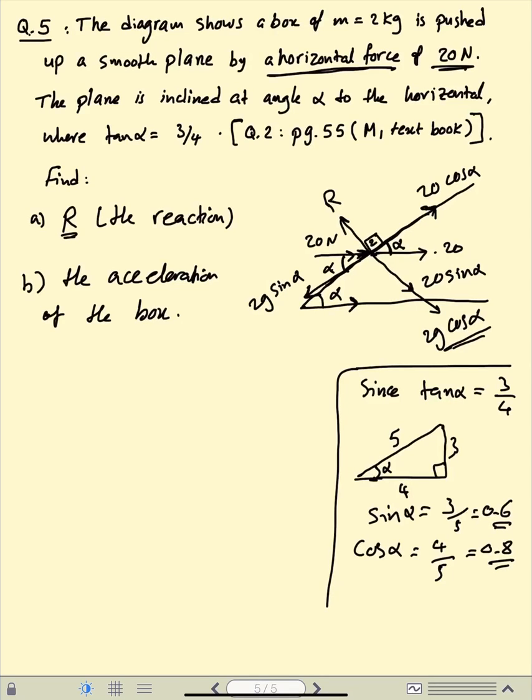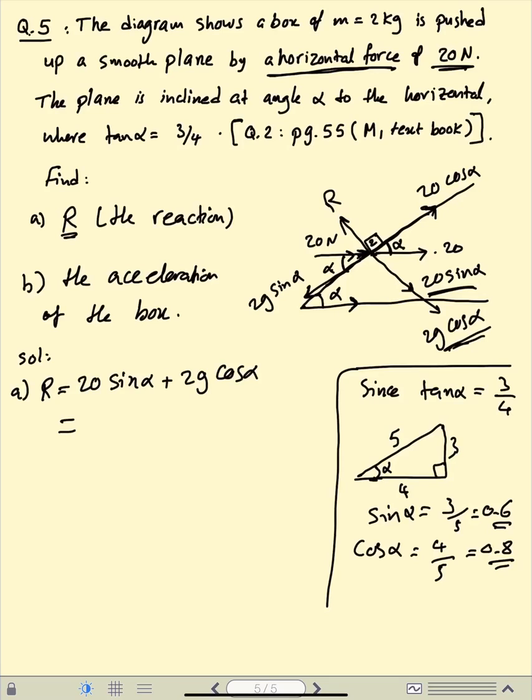Then you come here to part A. Simple like this. Solution, part A: R is equal to, make it easy for yourself, you resolve the forces in the diagram. So directly write R is equal to 20 sine alpha plus 2g cosine alpha.